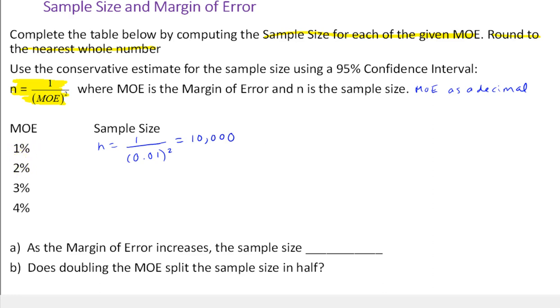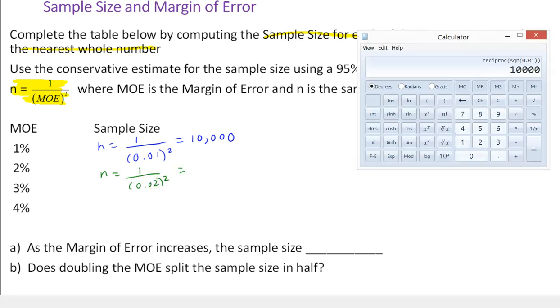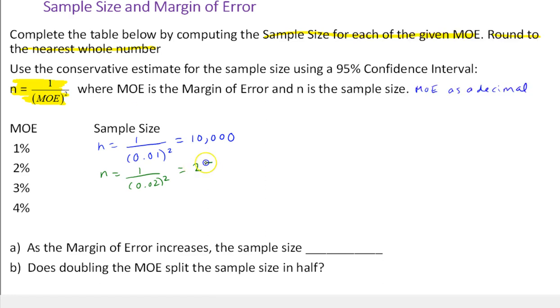Let's look at 2%. The required sample size would be 1 over 0.02 squared. So we will take 0.02 and square it, reciprocate the result, and we have 2,500. For 3%, we'd have n equals 1 over 0.03 squared.